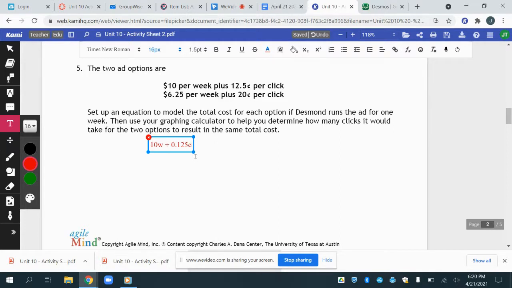That is the first situation. The second one is $6.25 per week plus 20 cents per click. So this is the situation. We want those to equal the same amount, right?